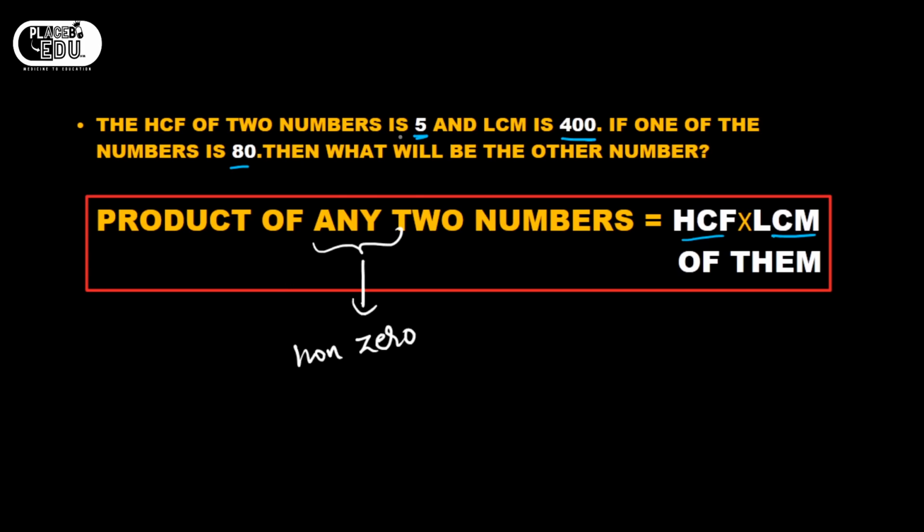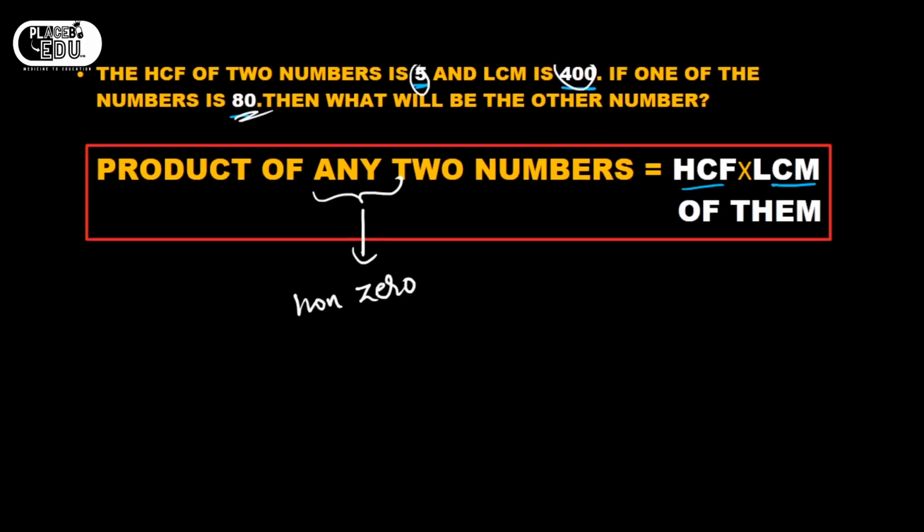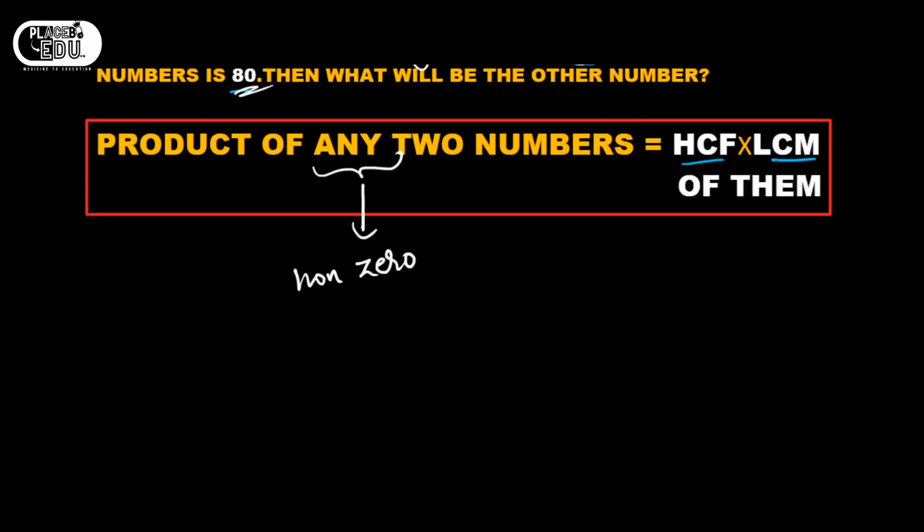So we have two numbers. HCF of two numbers is 5 and LCM is 400. What if one of the numbers is 80? So we have one number, that is 80, and the unknown number, let us assume it as N2.